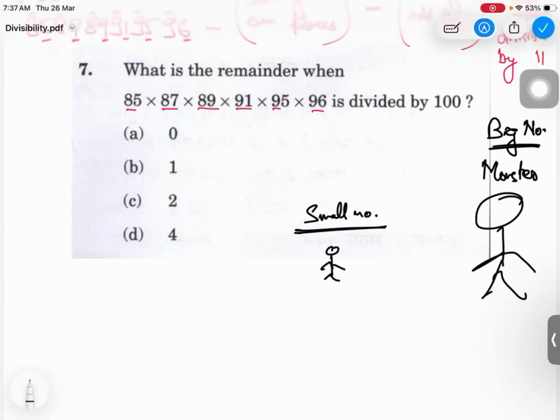Now this warrior guy has a gun with him. All right, and the bullets in his gun are actually the factors. Okay, if all the factors can divide this bigger number, this warrior can defeat the monster. Are you getting my point?